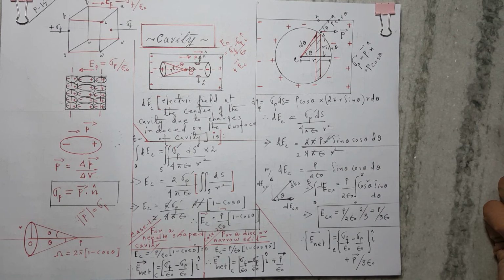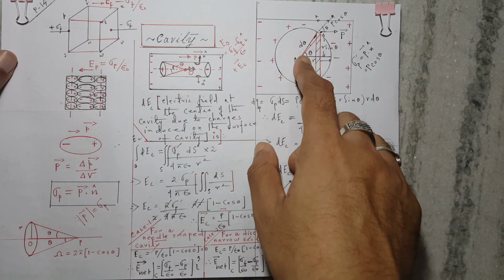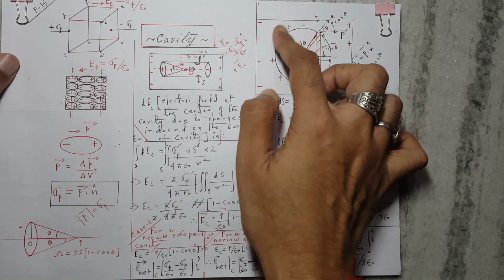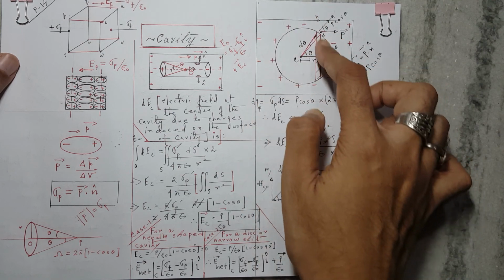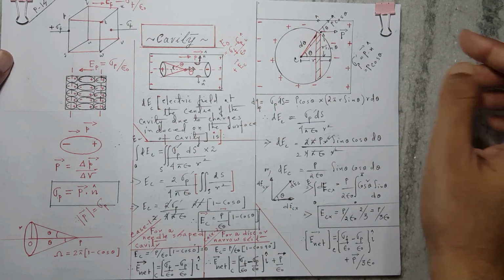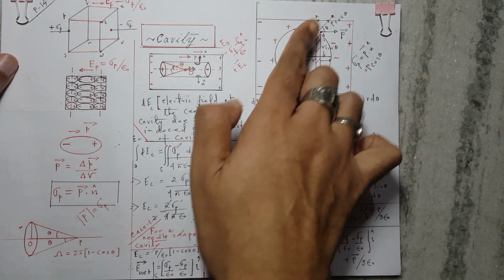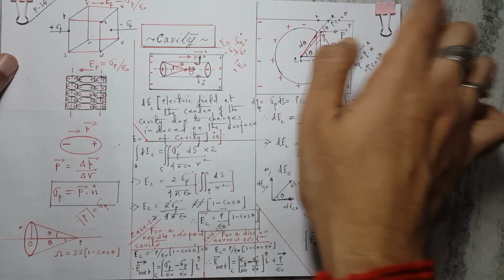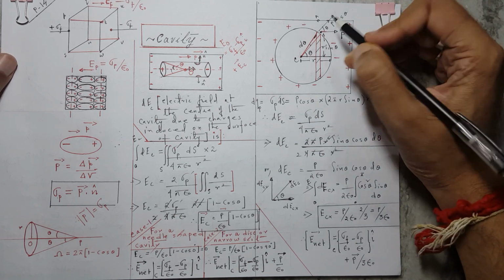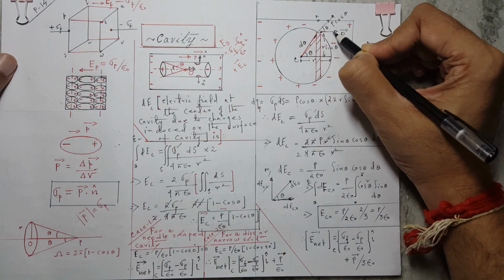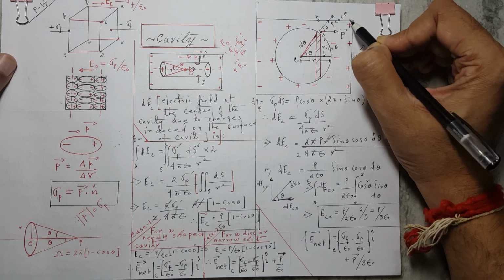Please understand this. As we said, we have considered a strip in the negative induced charge region on this cavity. So from this particular part, the electric field will be along this particular direction. You take a component dEc along X, along the direction of the P vector.